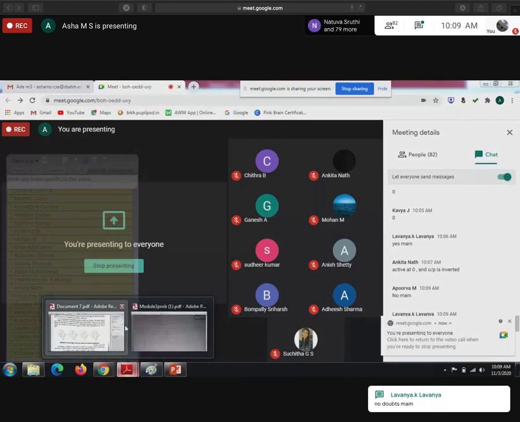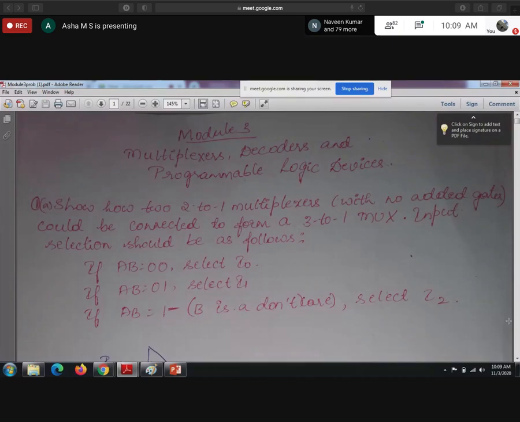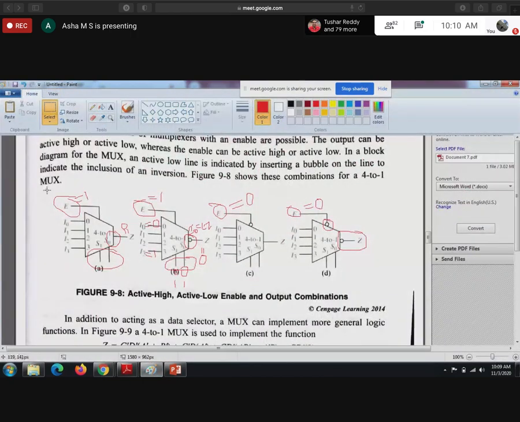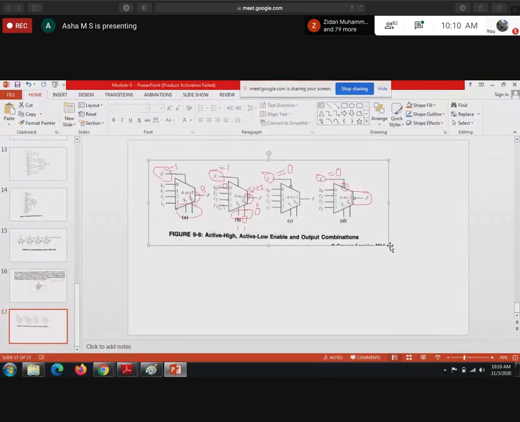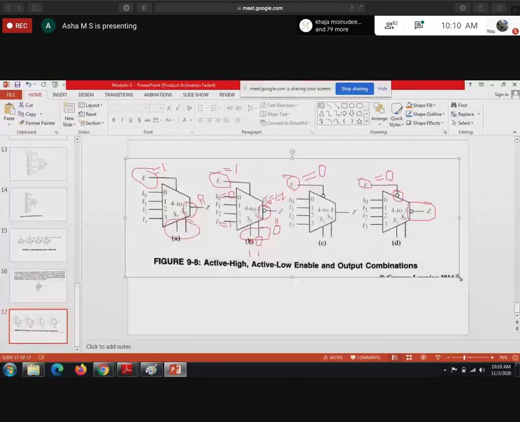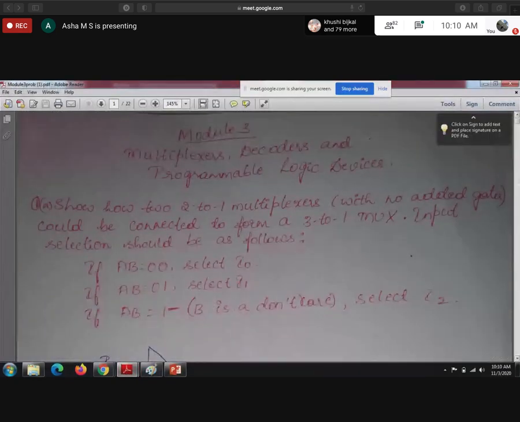Okay, so there are problems. Take down this question fast. If you have any doubts in the theory of multiplexer, you can clarify.